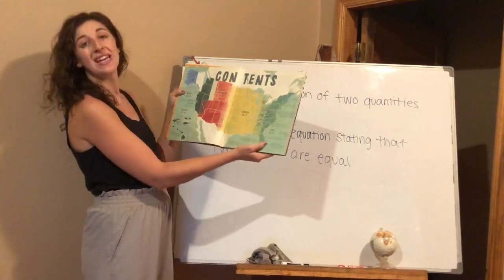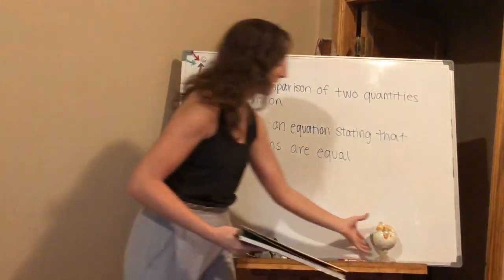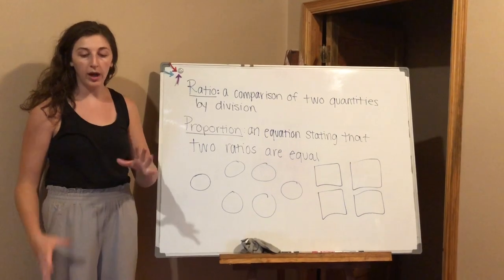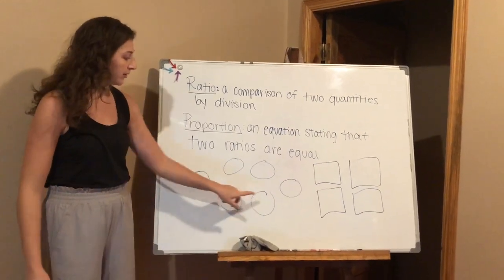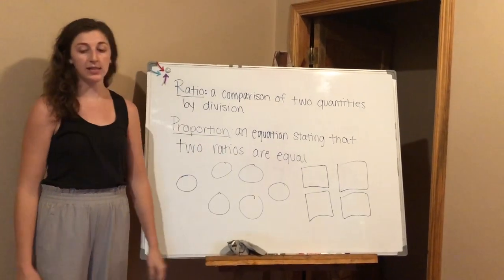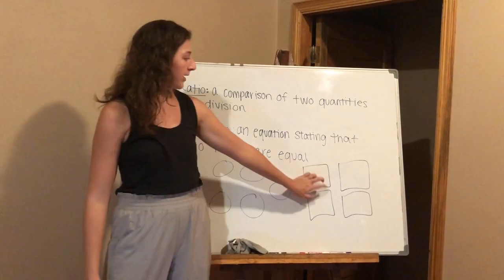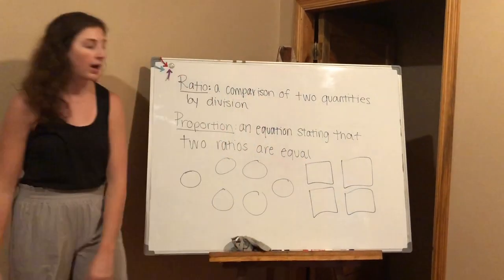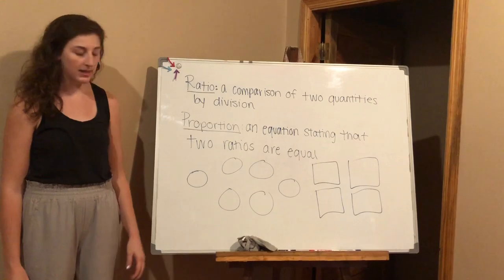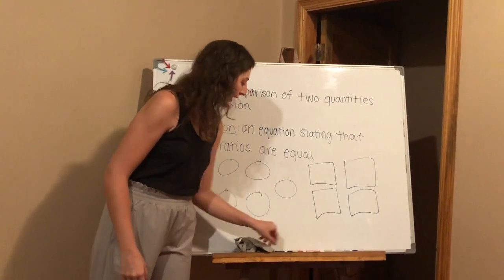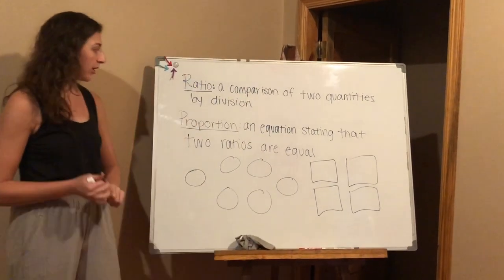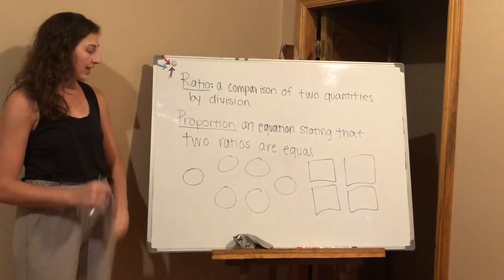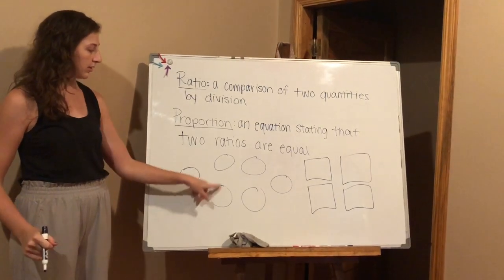So you have different numbers of those items. On your sheet you have 1, 2, 3, 4, 5, 6 globes, and you have 1, 2, 3, 4 paper maps.